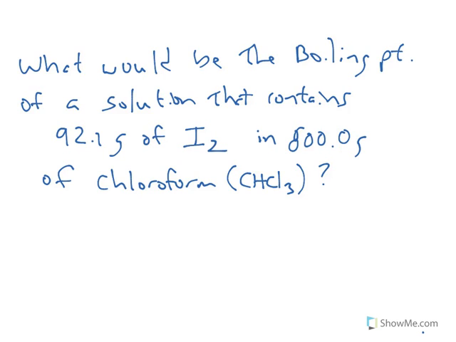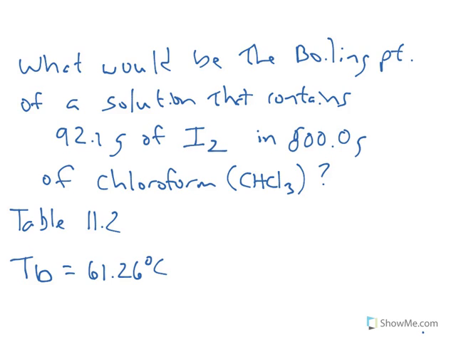boiling point. So what we need to do is find a few constants that are going to be from table 11.2 in your textbook. And what we can find there is the boiling point, the temperature that pure chloroform boils at, which is equal to 61.26 degrees C. Now, if it were water, it'd be 100 degrees C, but we're dealing with chloroform rather than water here.